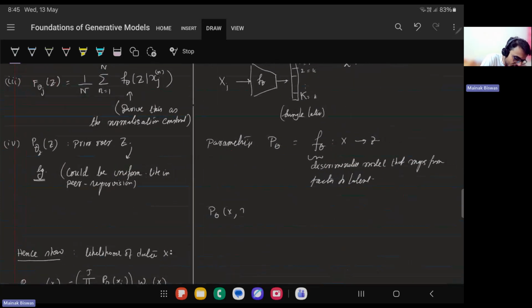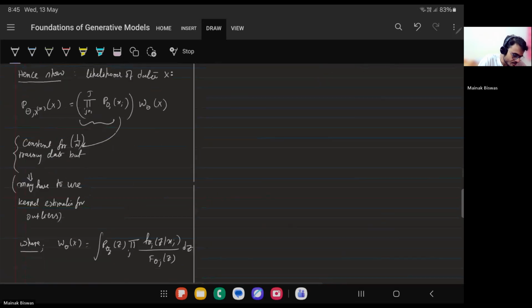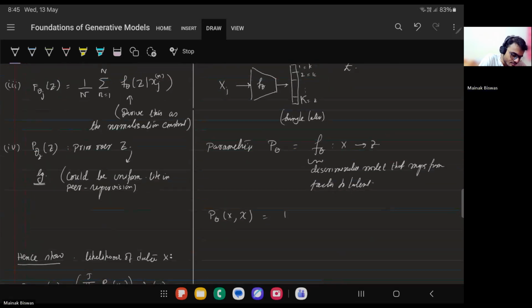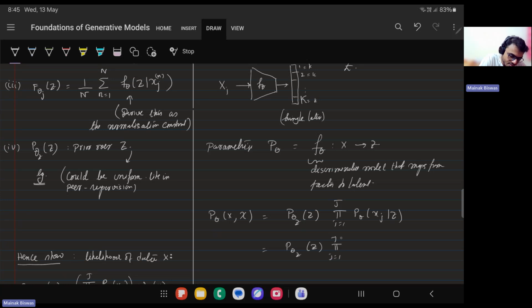P theta of x comma z can be written as p theta of z, the prior, into the product of j equal to 1 to J of p theta of xj given z, which is equal to p theta of z, product over j, of p theta of z given xj, p theta of xj, by p theta of z.